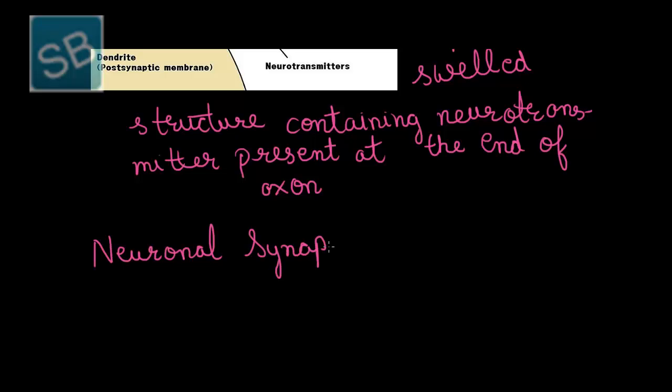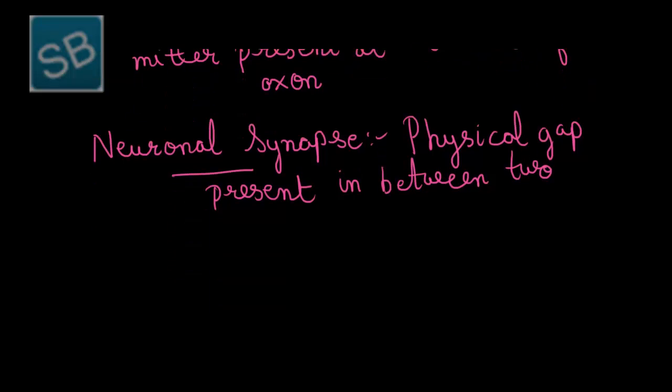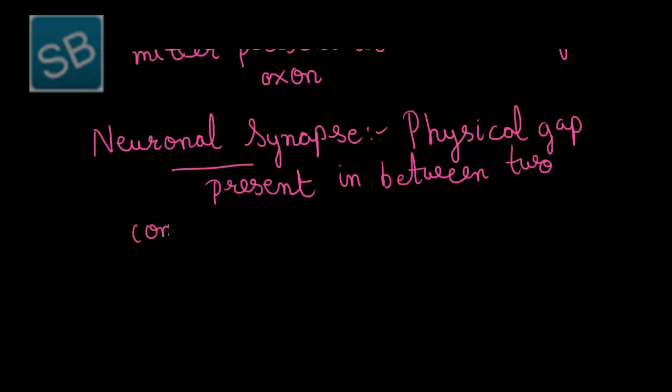The synapse can be defined as the physical gap present between two consecutive neurons, via which impulse transmission takes place.